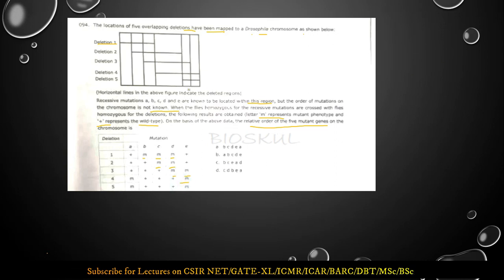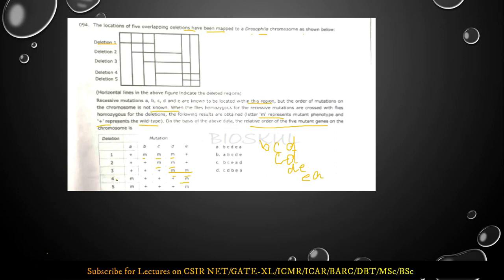For solving this question, first we have to write down the deletions. First write down for chromosome number 1: it is B, C, D. Then for 2 it is C, D. For 3 it is D and E. Okay, so to find out the correct gene order you have to write it like this, D and E. For 4 it is E and A. So write down E here, then A over here.